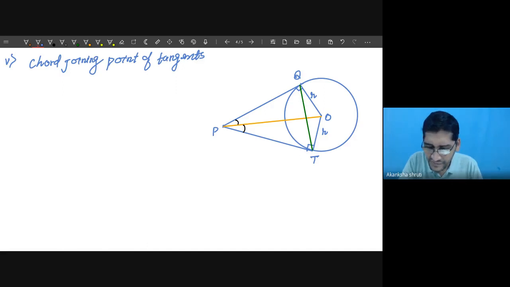It means this OP will bisect the chord into two equal parts.